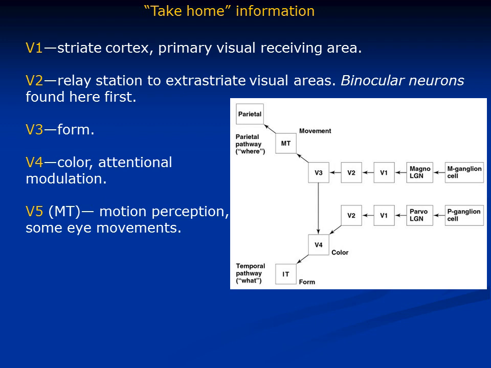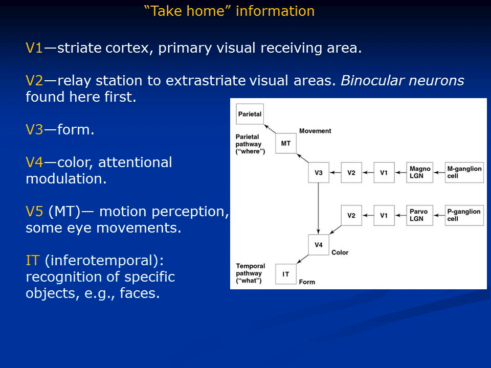V5, area MT, we talked about for motion perception. Also some eye movements. As you might imagine, eye movements and motion kind of go hand in hand, so it makes sense that these functions are found in the same area. So you can actually track a moving object, for instance, with eye movements.